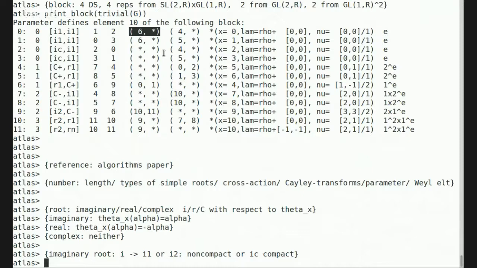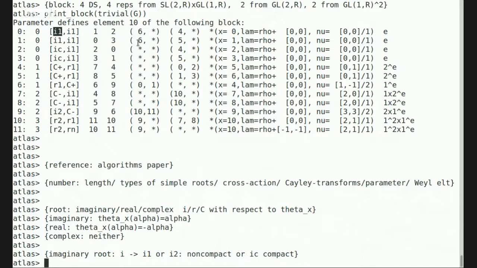It's defined if the root is imaginary: I1, I2, R1, or R2. So this first root is imaginary, non-compact imaginary.